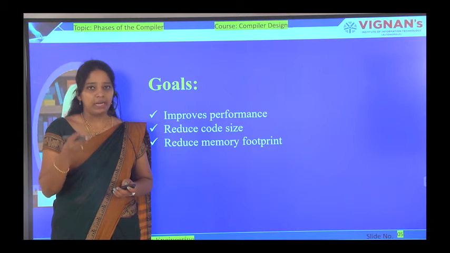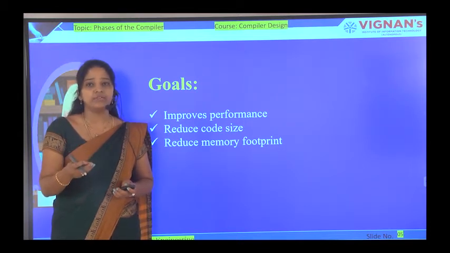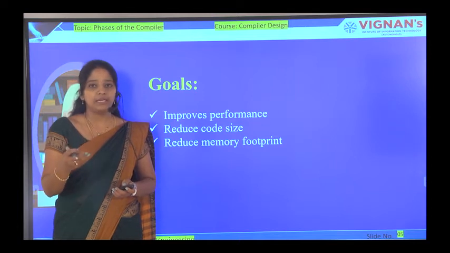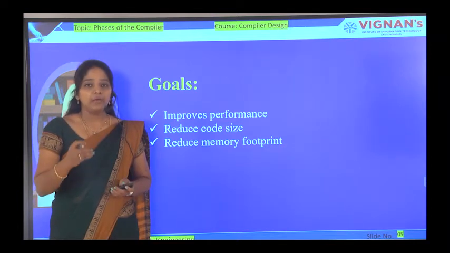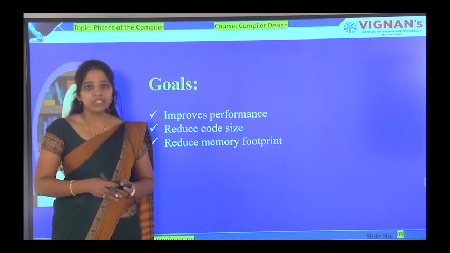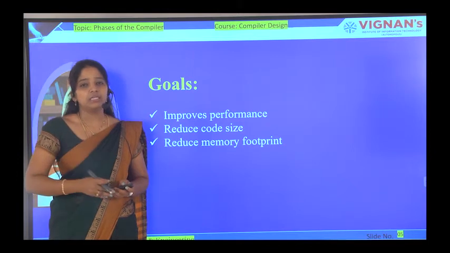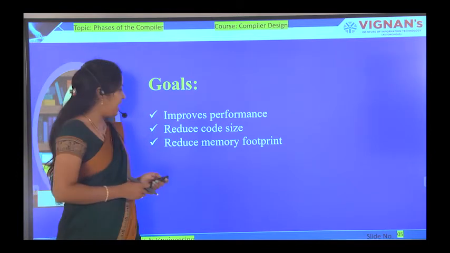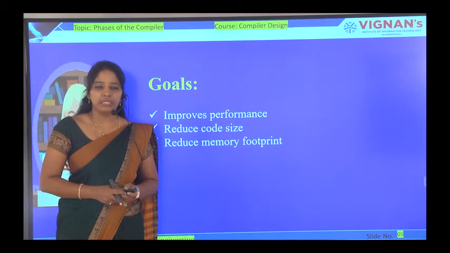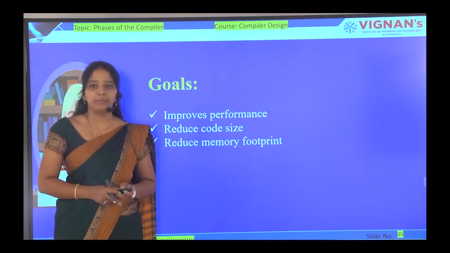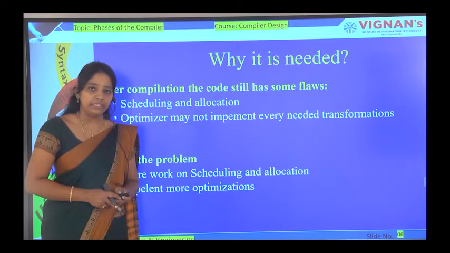The multiple, redundant and repetitive statements in the code will be removed from the target code. By removing these repetitive statements, we reduce the size of the code and the memory footprint. These are the goals of peephole optimization.